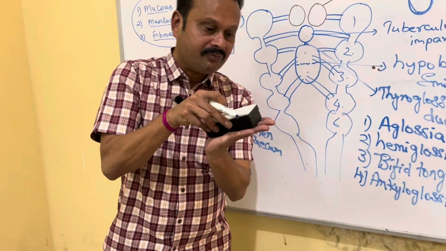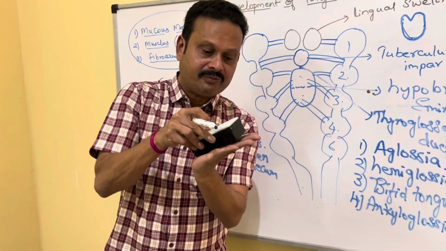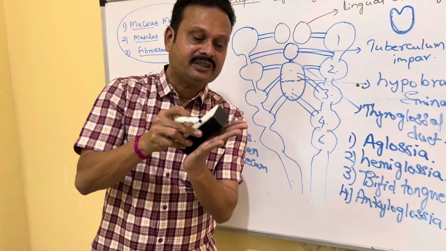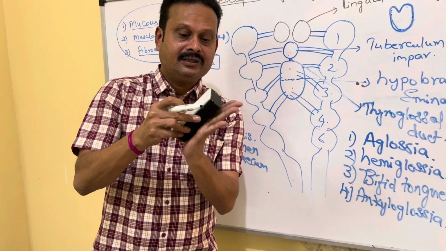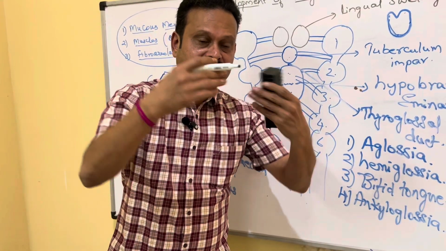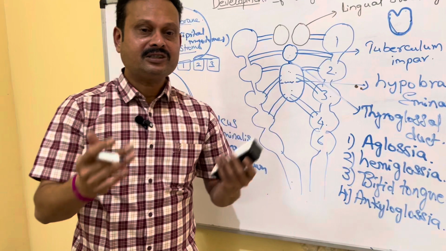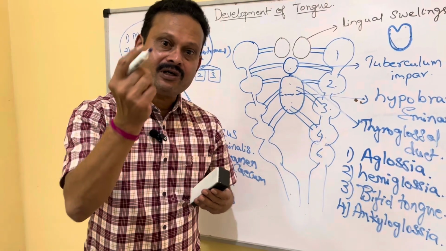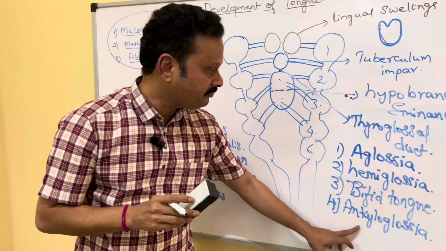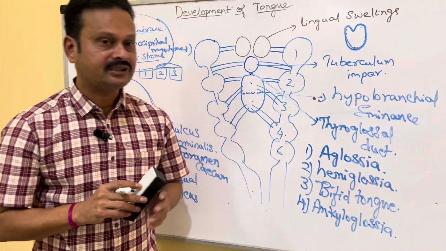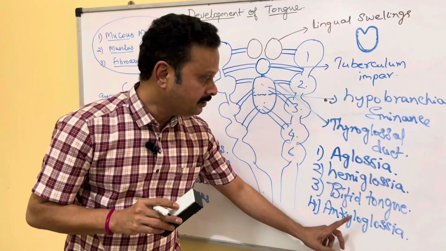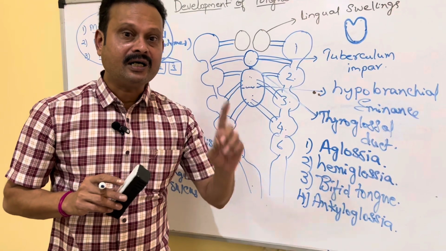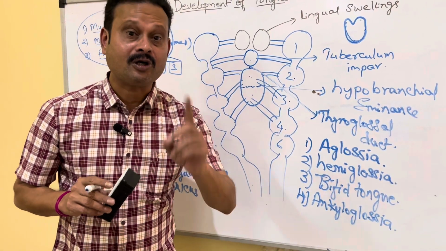If, instead of complete formation of the sulcus, which separates the tongue from the floor of the oral cavity, it is incompletely separating, the tongue gets fixed to it, characterized by slurred speech and a shorter frenulum, and that condition we call ankyloglossia or tongue tie. Mind you, this is because of the failure of proper formation of the alveolo-lingual sulcus.